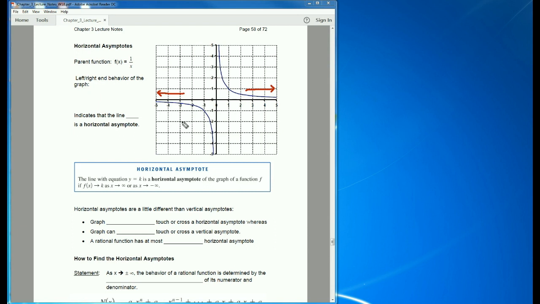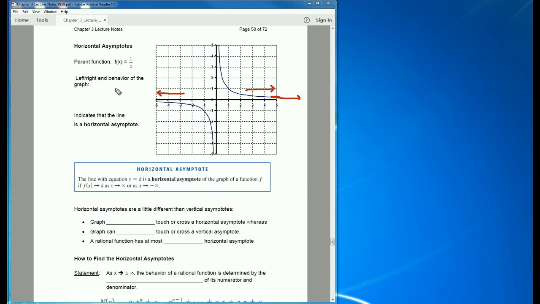What you can see is that it appears that the graph is going to continue out this way. It's going to get very close to the x-axis but never touch it. Same thing here. It's going to continue on this way. It's going to get close to the x-axis, but it's never going to touch it.